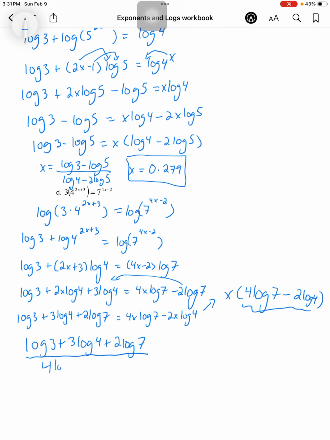So it's going to be 4 log 7 minus 2 log 4 equals x. And now x equals 1.826. And that's your final answer.